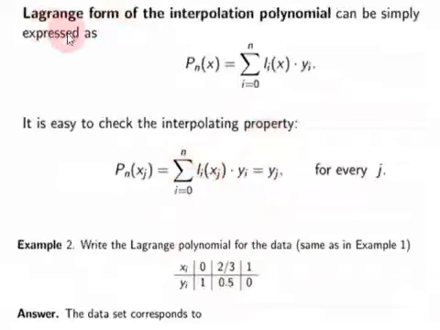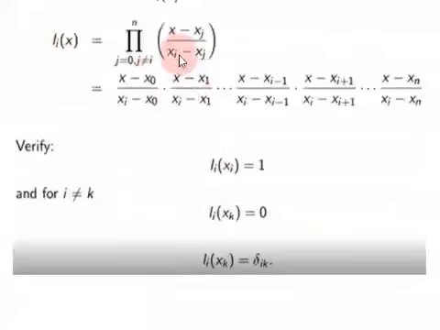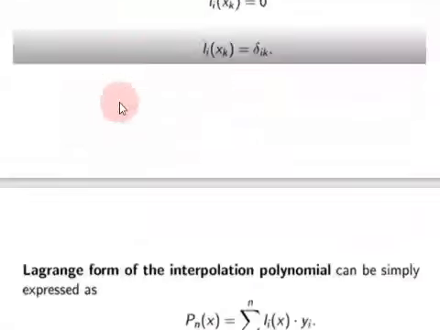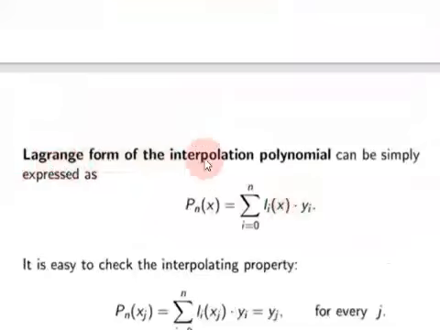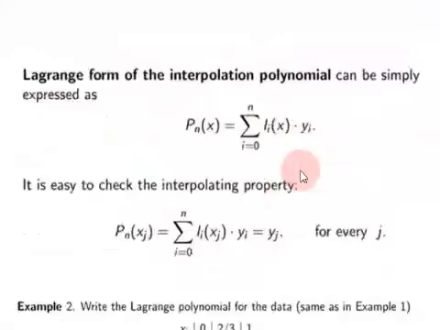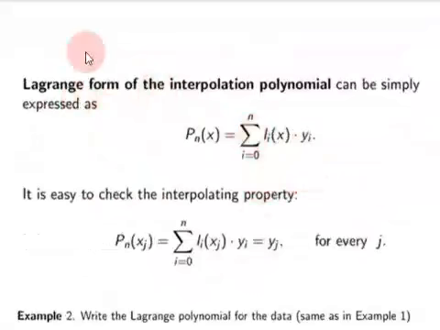Once we have cardinal functions, we can write out the Lagrange interpolation polynomial as follows. The Lagrange polynomial can be expressed as this. We consider the cardinal functions and sum over all of them, but we have to multiply each by y sub i, because we have a data set.